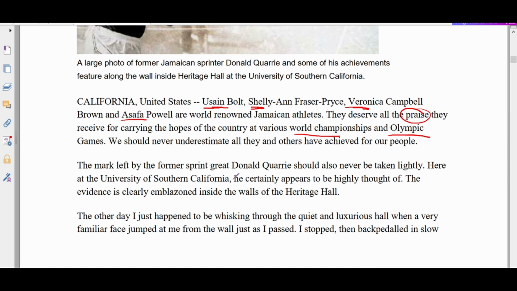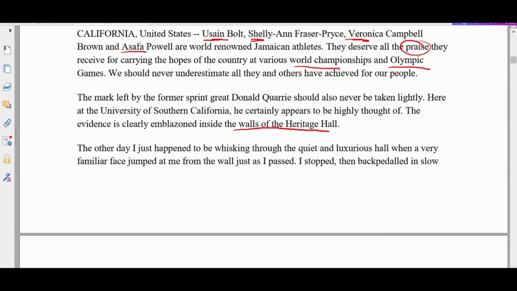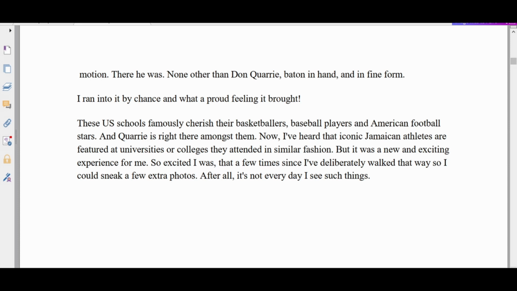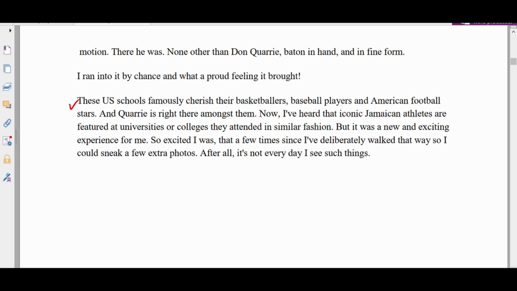Okay, Donald Quarry, and he's inside the walls of this. That's important. All right. Okay. The person felt proud. This looks like an important statement. Yes. Okay. So I have a basic idea of the first source.